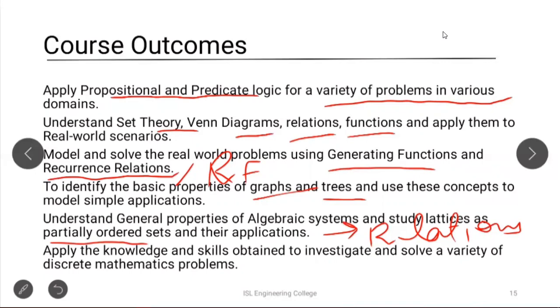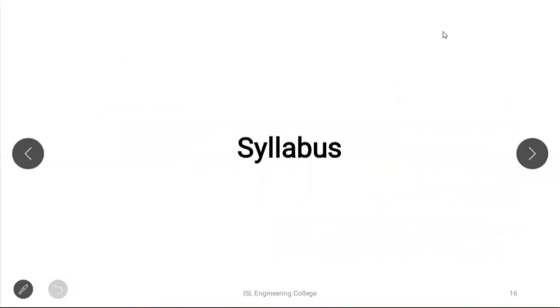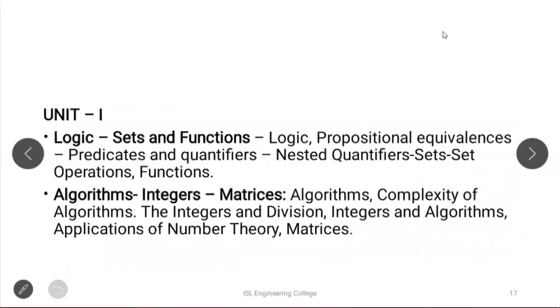Okay, the next thing. Now, what includes the syllabus? So the syllabus of discrete mathematics is, first, we have to study propositional and predicate logic along with sets, operations, functions, and a bit of number theory, algorithms, complexity of algorithms, etc. After that, in logic, sets and functions, the topic sets and functions is something which has been already covered.